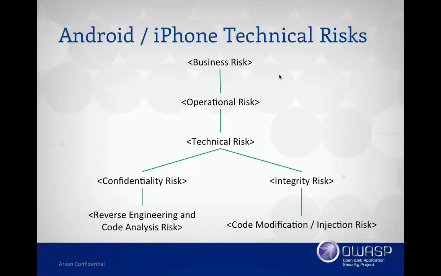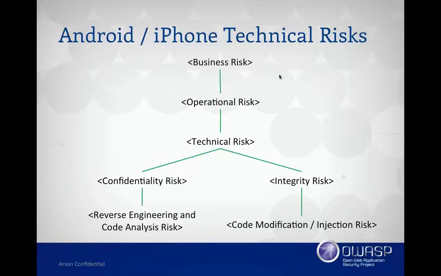Here we're thinking about the confidentiality of the actual design and implementation of a solution sitting on a mobile device. On the other branch, we have the violation of the code itself or the behavior associated with the code. That's more on the integrity side of things. So we cover confidentiality and integrity.